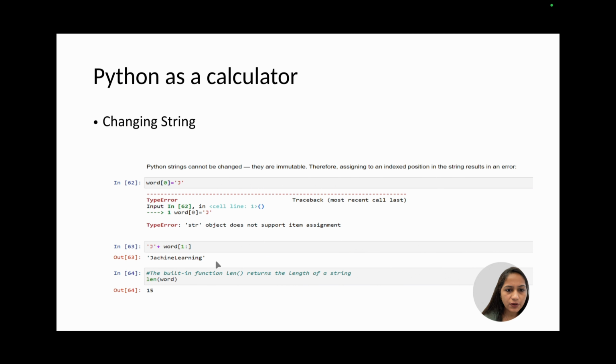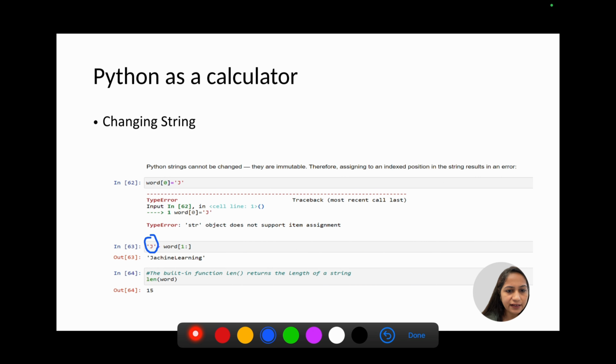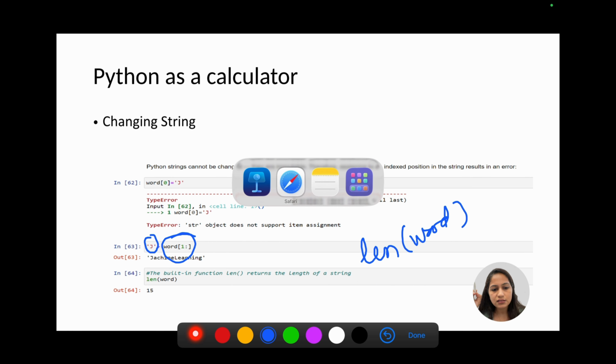But what you can do is add any character to whatever portion of your string you want and take it. There are some important functions for strings that you can directly use. There are inbuilt functions like the length function, len. Whatever is the name of your string, just give it here and it will give you the number of letters in your string.